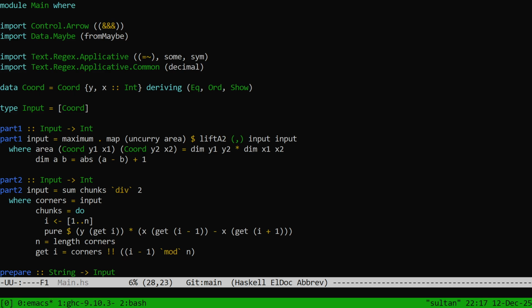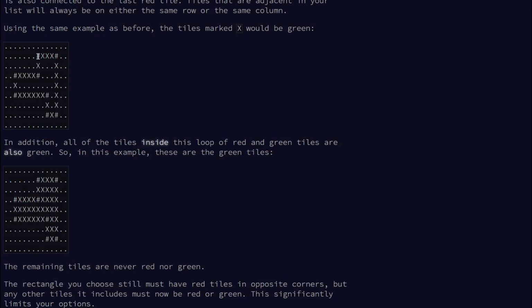Well, I guess one thing I can do is, let's say I was considering from here to here, my favorite example rectangle.